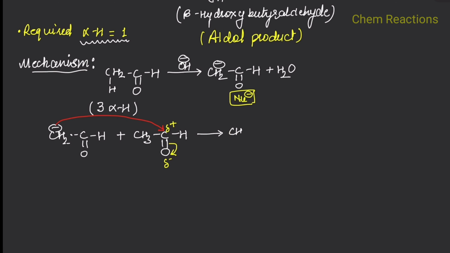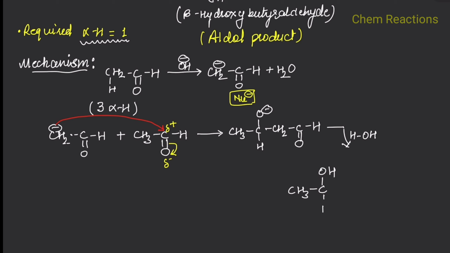So we are seeing a mechanism, and this mechanism says that a new product is formed as an anionic species once again. Now a hydrolysis is done, and on this hydrolysis we get a new product, that is an alcohol.